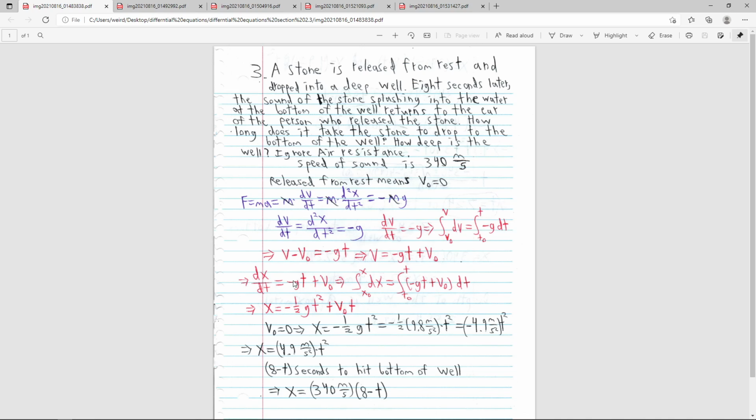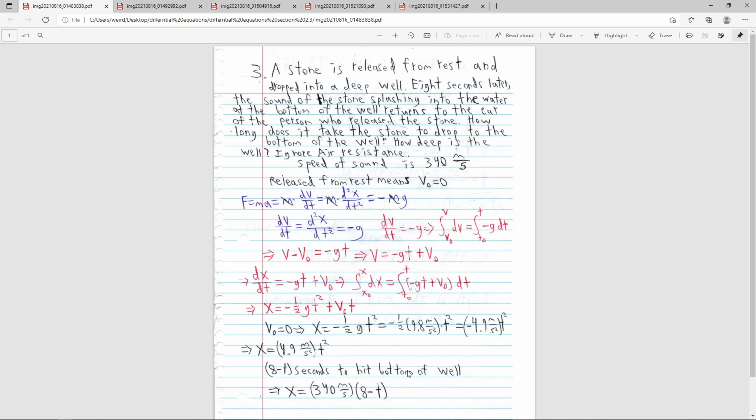Then we replace v with dx/dt, because that's what it's also equal to, and integrate again, separating variables. Negative gt plus v0, and we'd have x equal to negative 1/2 gt² plus v0 t. But v0 is equal to 0, so we eliminate that part.